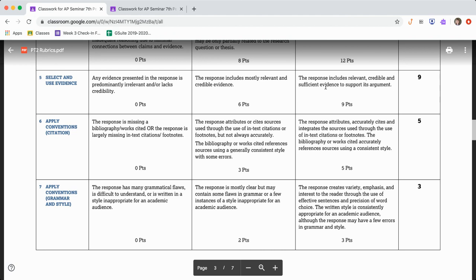Sufficient evidence would just mean that you rely not only on evidence, but that you support everything you're saying with evidence. Your argument is your idea, but you need to make sure that experts are supporting each facet or perspective within your idea.